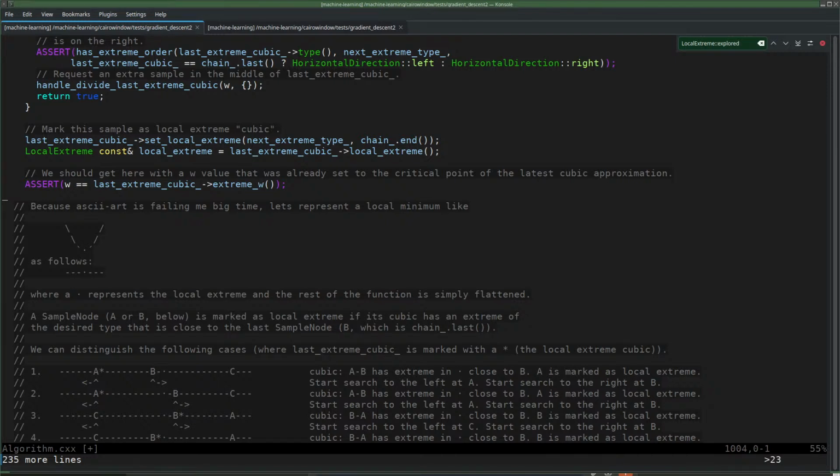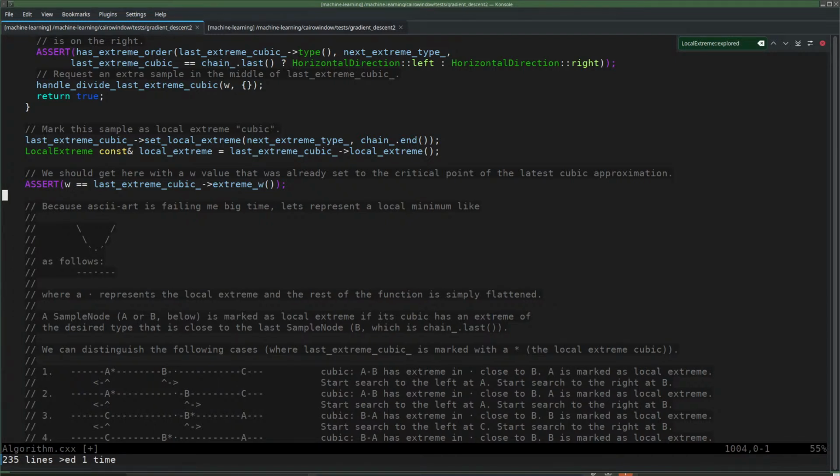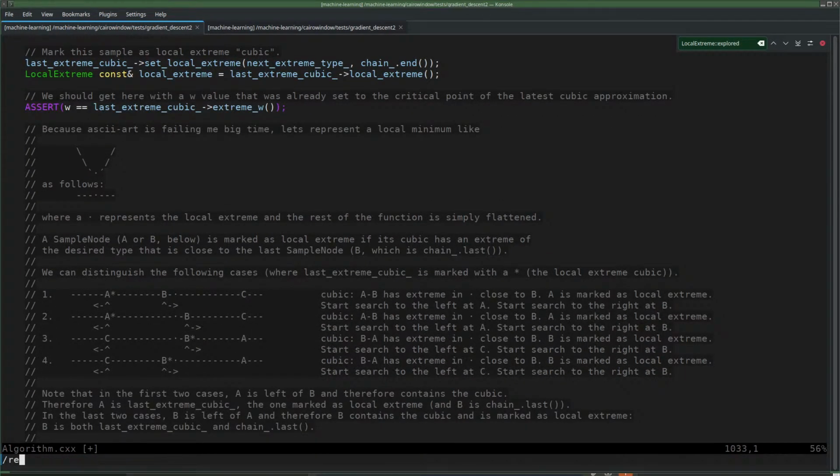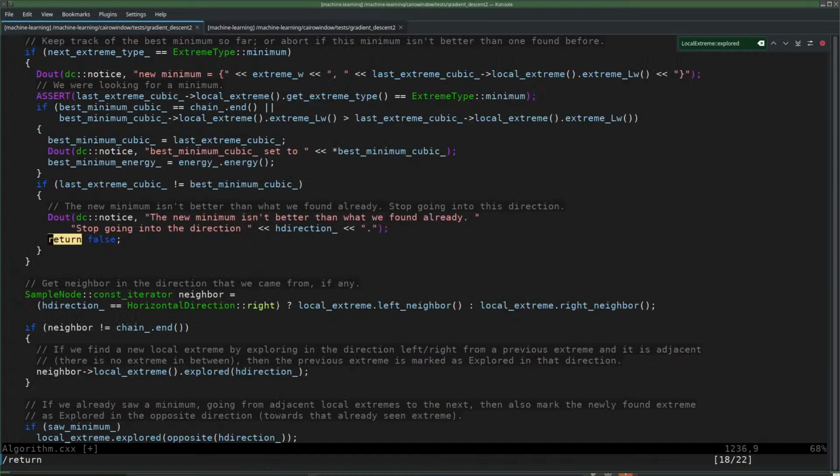Shift 2, 3, 4, J. And then look for a return. Well, the earlier we abort, the better, I would say.